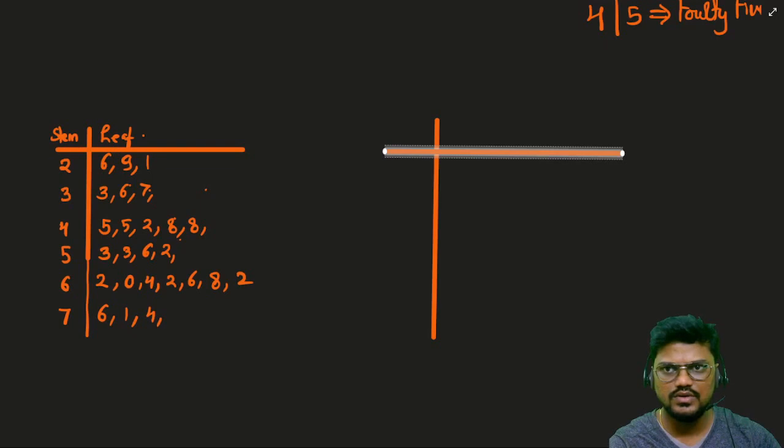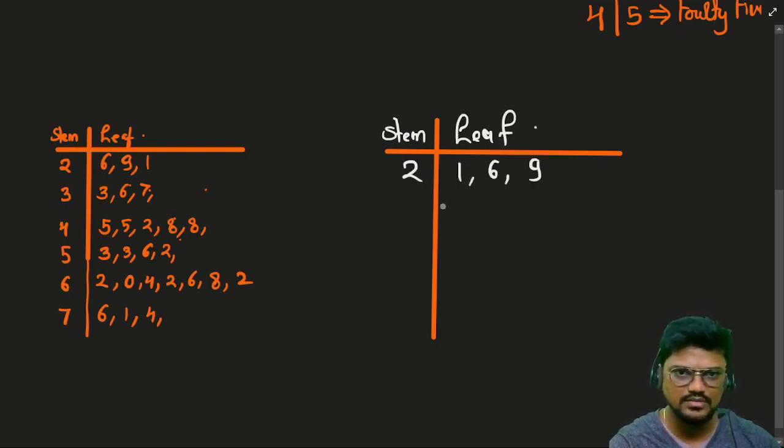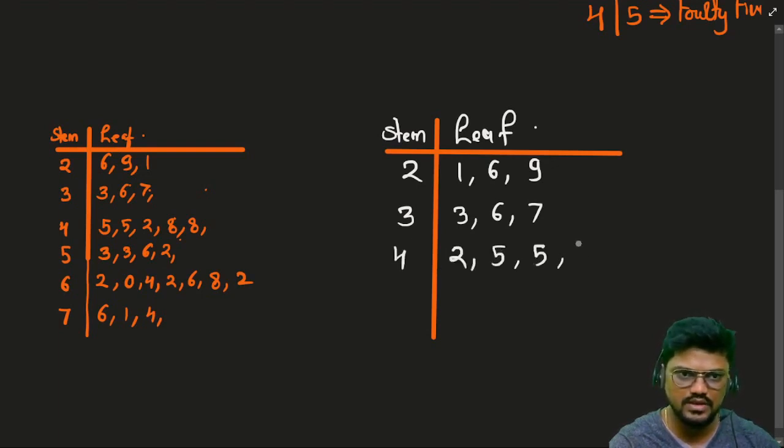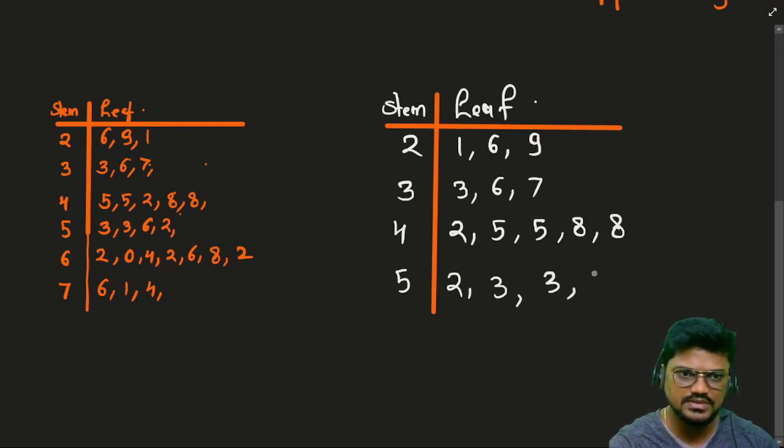So now, if this is your stem and this is your leaf, I'll write them in ascending order. So this is 2, and then I'll write 1, 6, 9. Then this is 3, then this will be 3, 6, 7. Then this is 4, then it is 2, 5, 5, 8, 8. Then it is 5, then it is 2, 3, 3, 6.